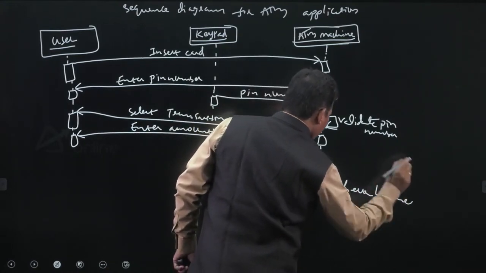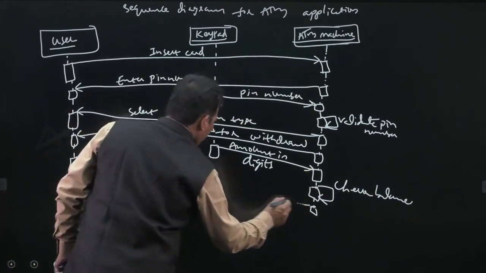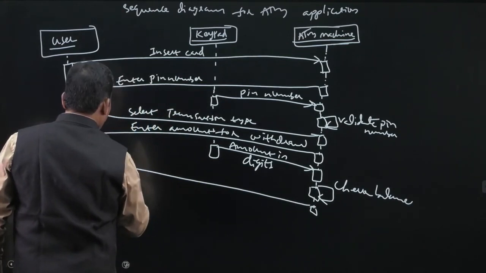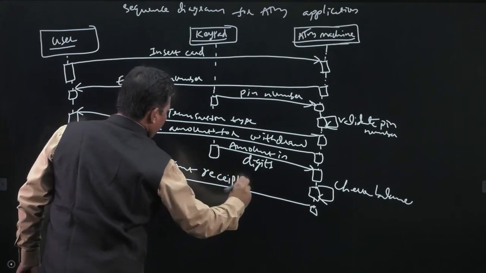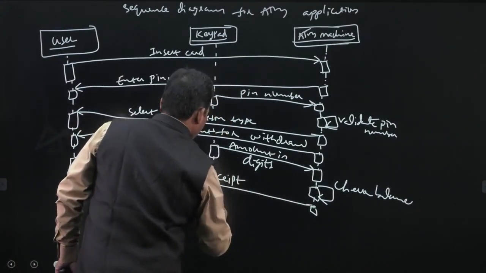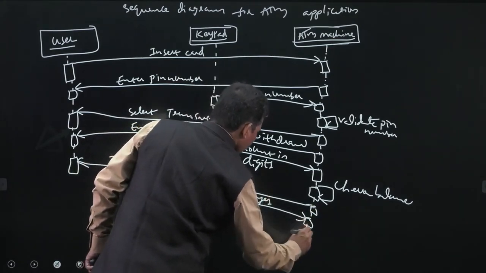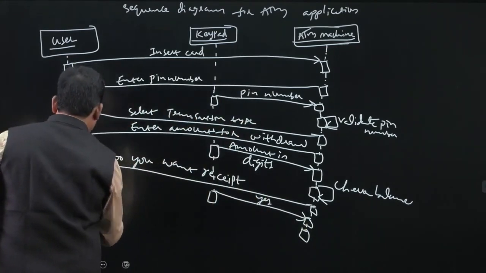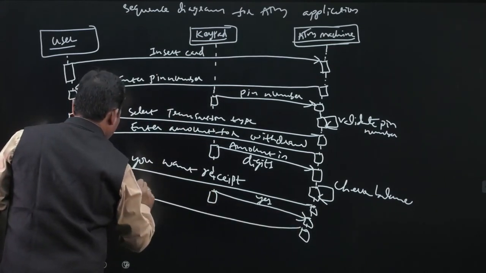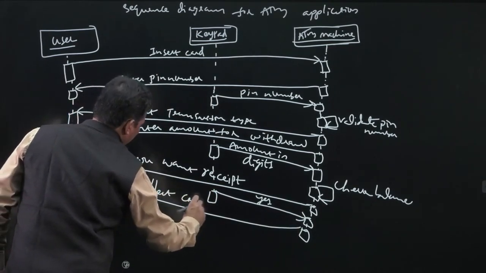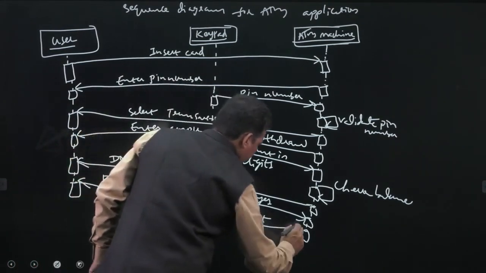Check balance. If they have sufficient balance, the ATM machine will ask the ATM user, do you want a receipt? With the help of the keypad, the ATM user says yes. In that case, the ATM machine responds to the user, please collect cash and receipt, which is collected by the user.